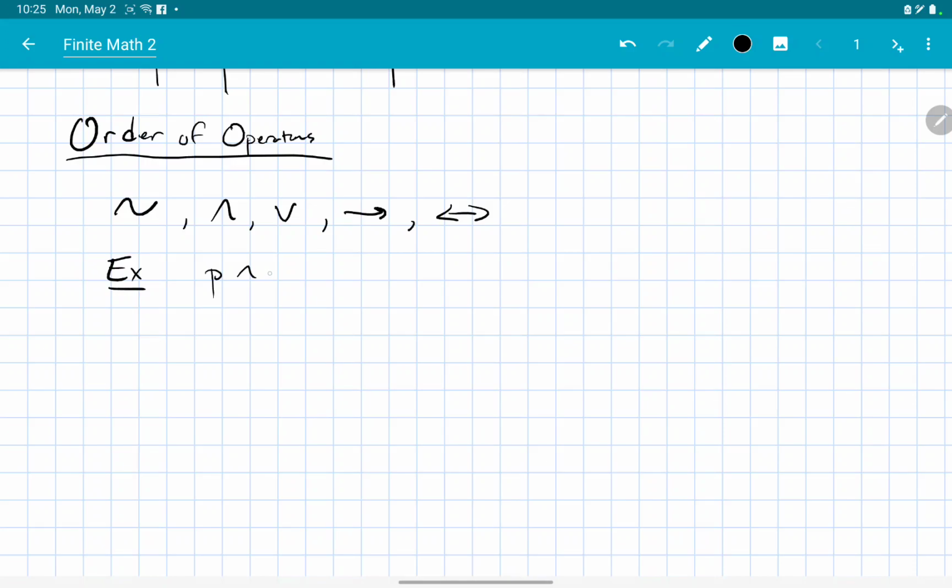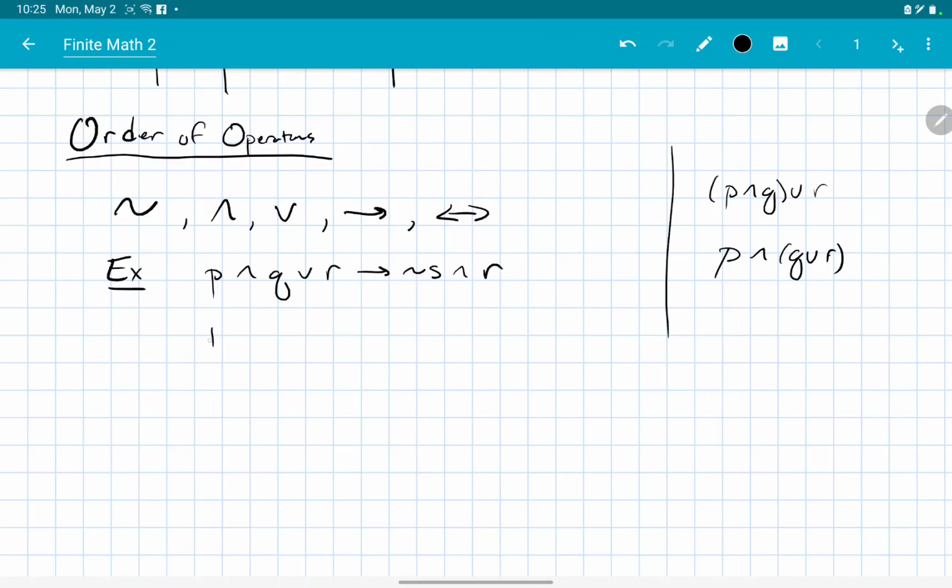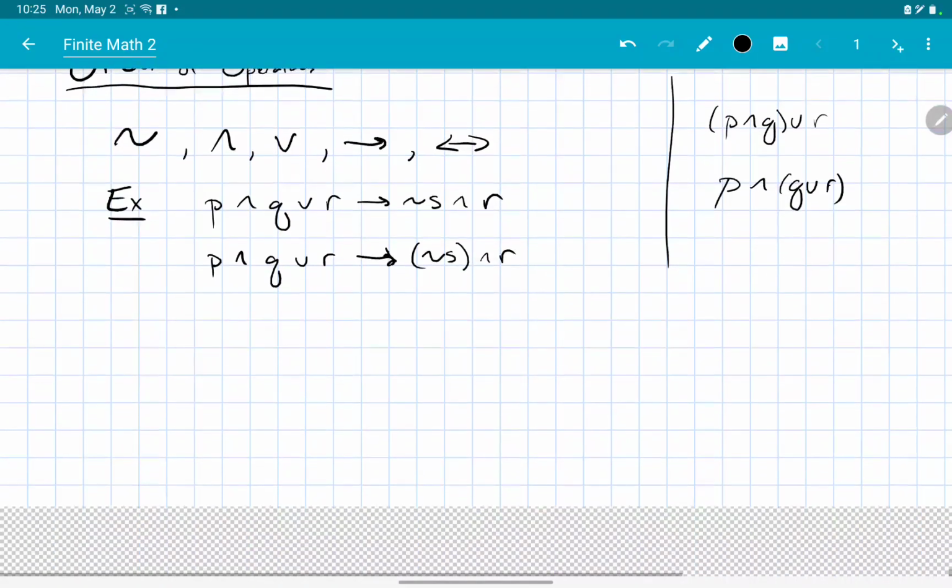I'm going to put this complicated statement here. Okay, so there's a bunch of things. But we learned in the homework assignment that P and Q or R was different from P and Q or R. So it matters whether you take the and first or the or first. And so I guess that's why they need some sort of order of operations. So let's figure this one out. Not is first. That means I'm going to rewrite the statement, putting the not part in parentheses. Now ands come next.